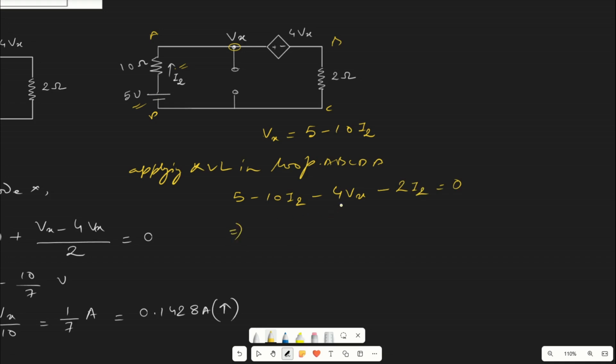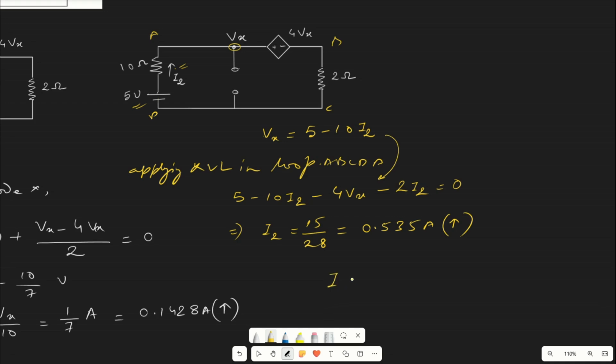After putting the value of Vx here and solving, we'll get the value of I2, which will come out to be 0.5357 ampere in the same direction.